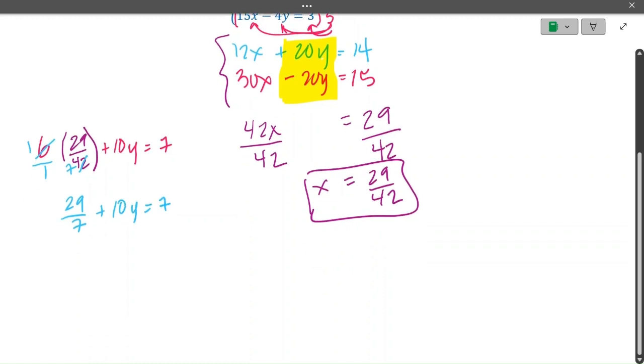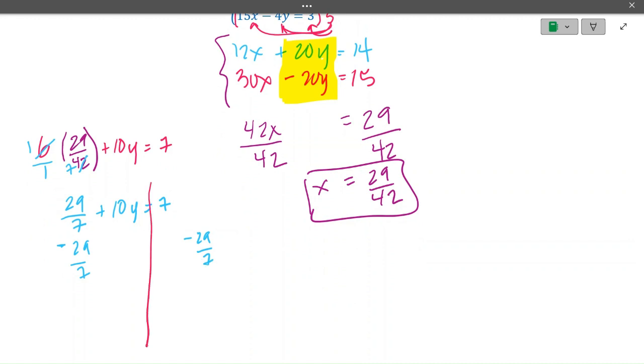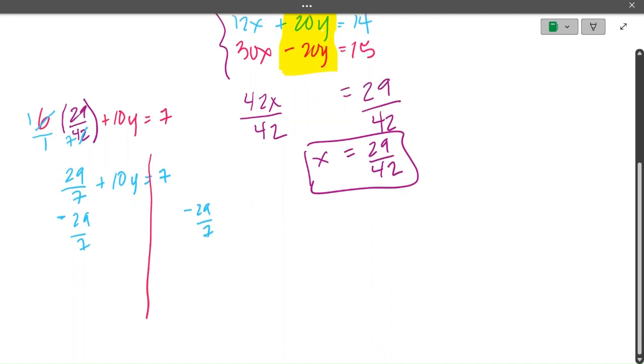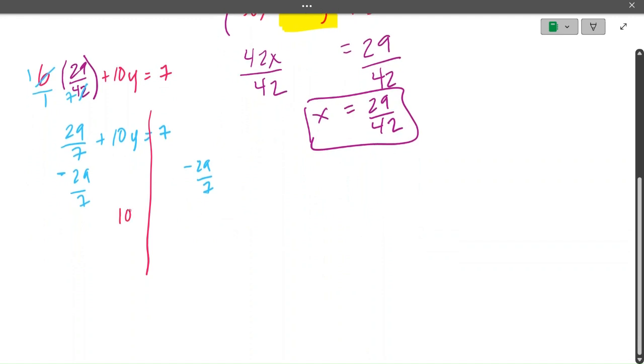All right, so I'm going to subtract 29 sevenths from both sides. Sometimes people find it helpful to draw a vertical line so you can see that you are doing the same thing to both sides and not accidentally adding or subtracting 29 sevenths on the same side.